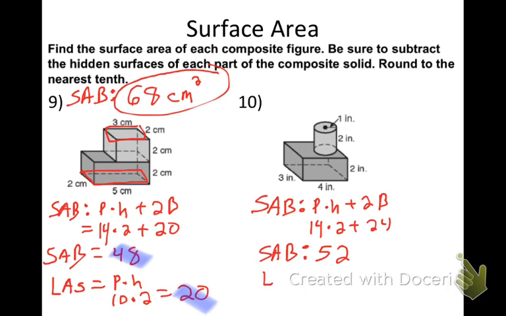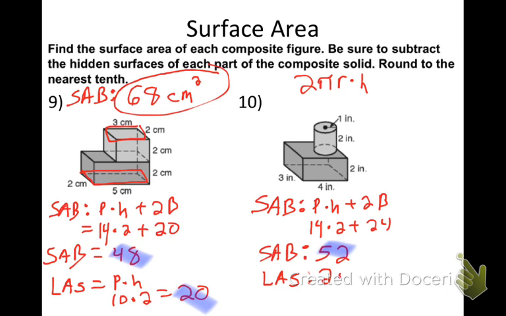Now I want to find the lateral area of the small figure. How do you find the lateral area of a cylinder? 2 pi radius times height. Now it says round to the nearest tenth. I'm just going to leave it in terms of pi right now, just to make it a little bit easier on you.